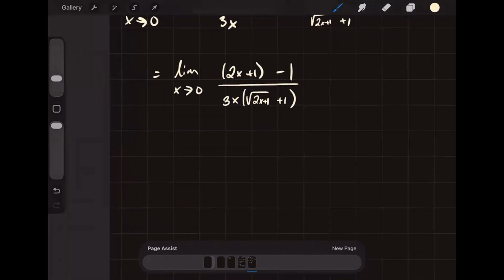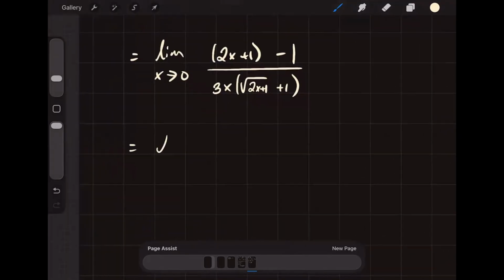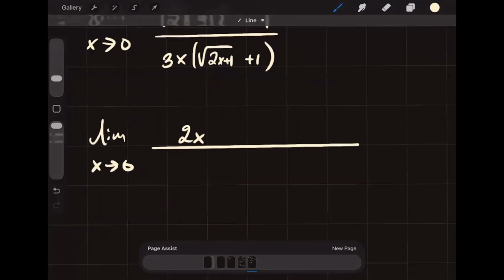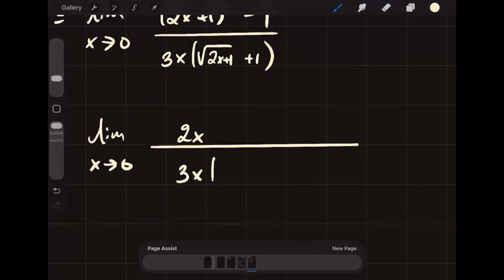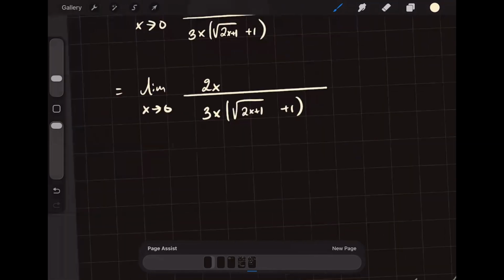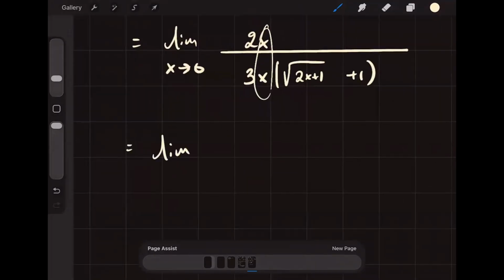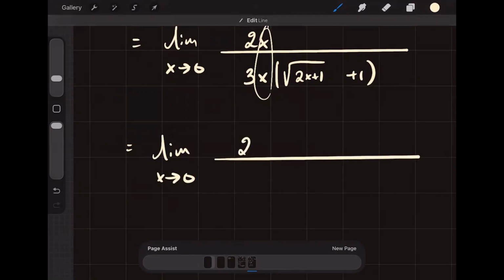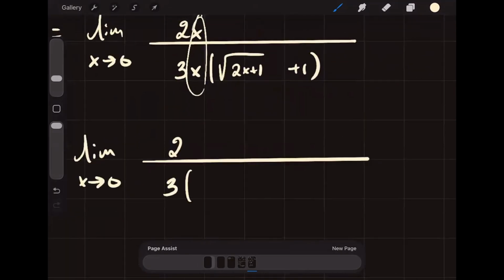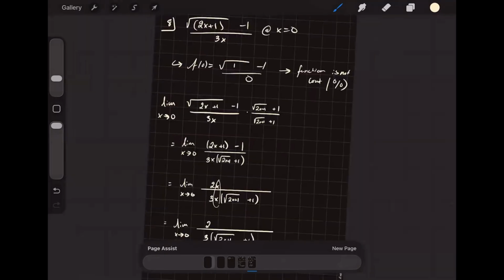We can simplify that down to the limit as x approaches 0 of 2x all over 3x times root of 2x plus 1 plus 1. Look, we can simplify that down, and that gives the limit as x approaches 0 of 2 over 3 times the quantity root of 2x plus 1 plus 1.